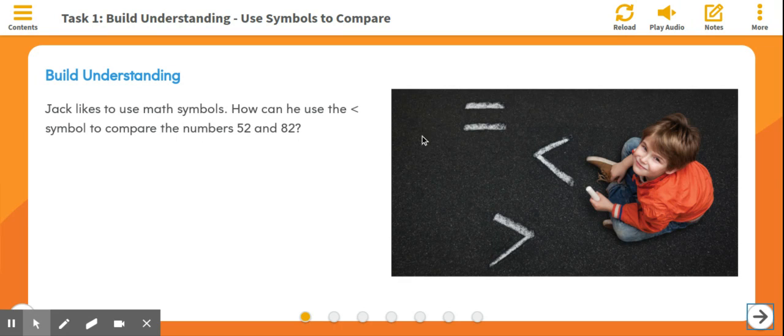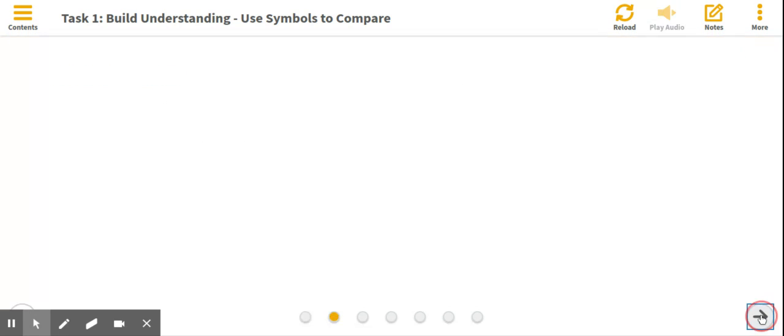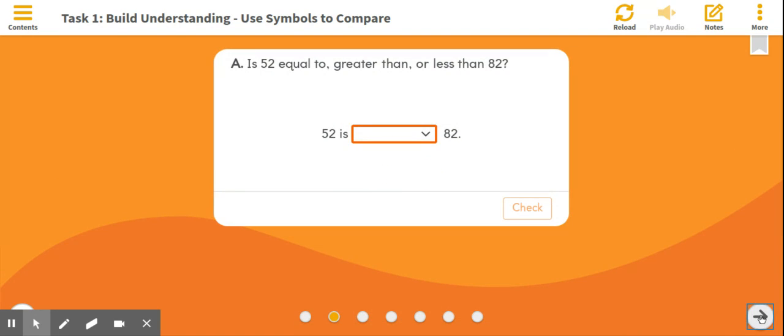How can he use the less than symbol to compare the numbers 52 and 82? Let's look. 52 is less than 82. We know that because if we look at the number of tens, 5 is less than 8.